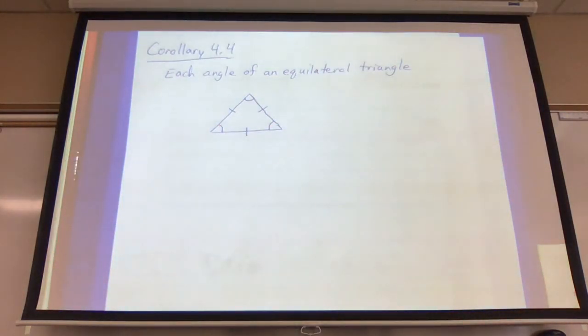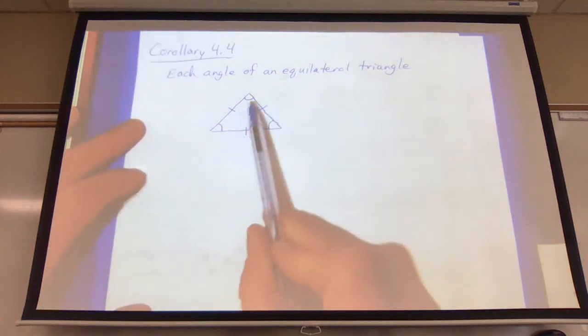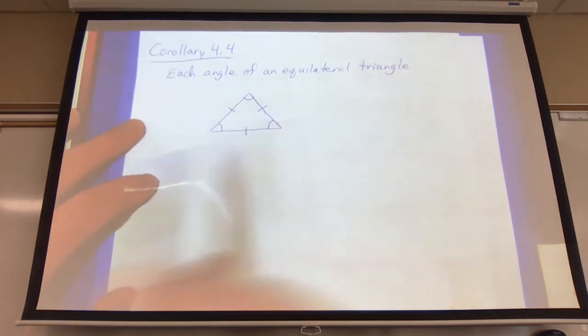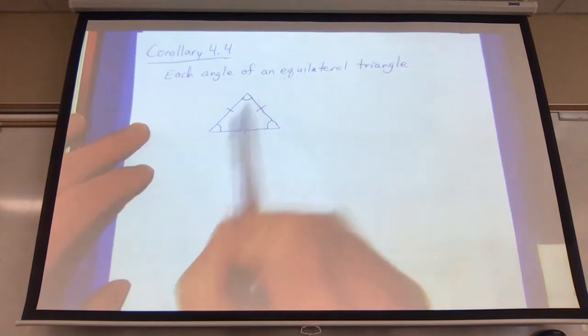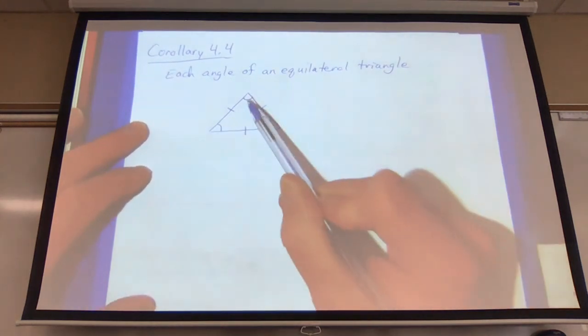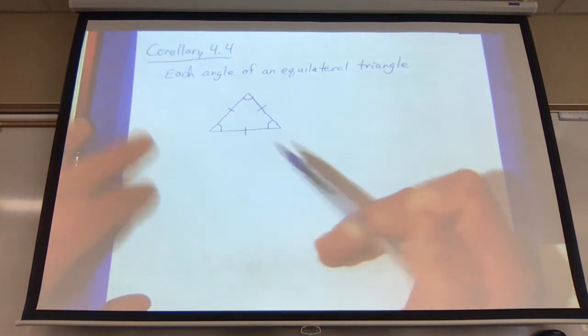And then let's take it even a step further. If we add up all three angles in a triangle, what do we get? What'd you say? 180. If you add up all three angles in a triangle, you're going to get 180. If all three of those angles are the same, what would each angle have to measure?